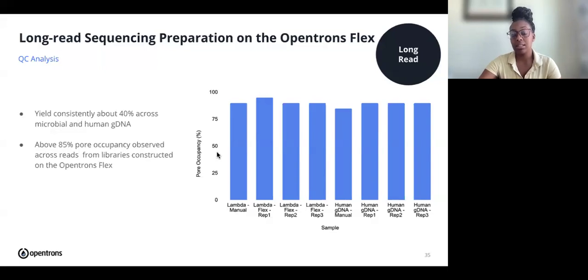So are we getting a pore occupancy that would enable us to have really high quality data? And here we've done that manually. You'll see a couple of manual standards that are kind of hard to see here because they are met or outperformed by our actual automated runs. So we're really excited about this, and we're definitely excited about the performance of the library construction of this Oxford Nanopore genomic ligation kit.